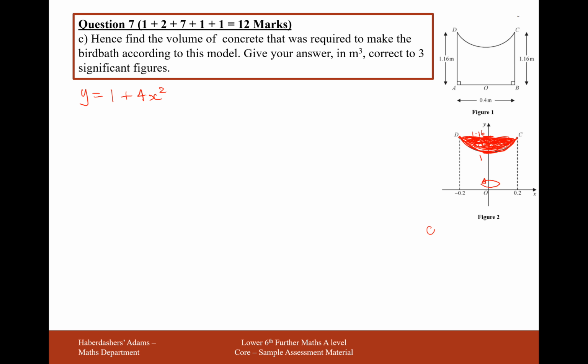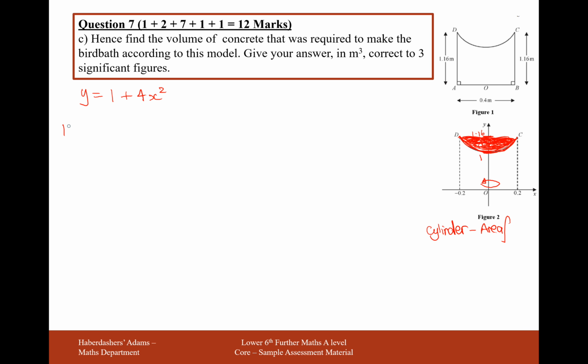So what we're going to be doing here is we're going to be working out the volume of a cylinder, which this thing here will represent once it's revolved round, take away the area that we get once we've integrated this equation here.